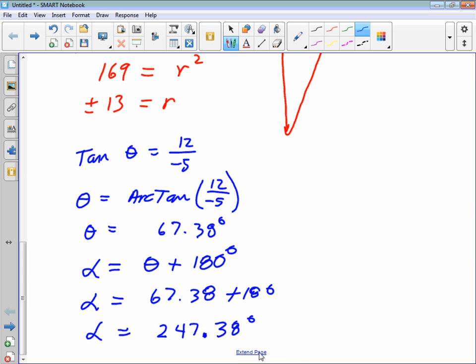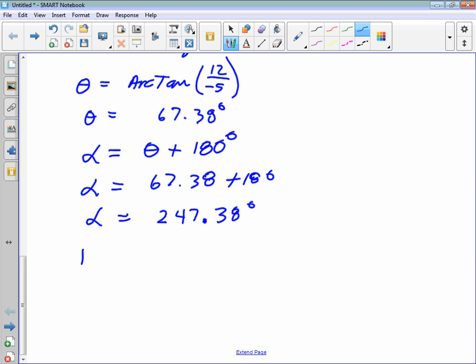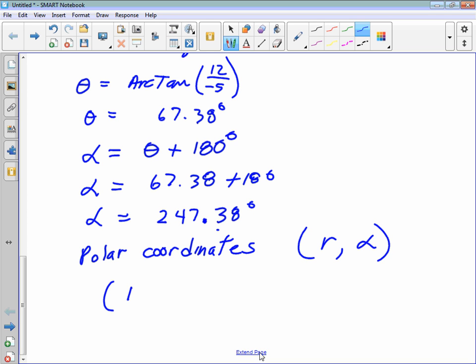So alpha equals that, and then our final polar coordinates, r and alpha, would be radius of 13, comma, 247.38 degrees.